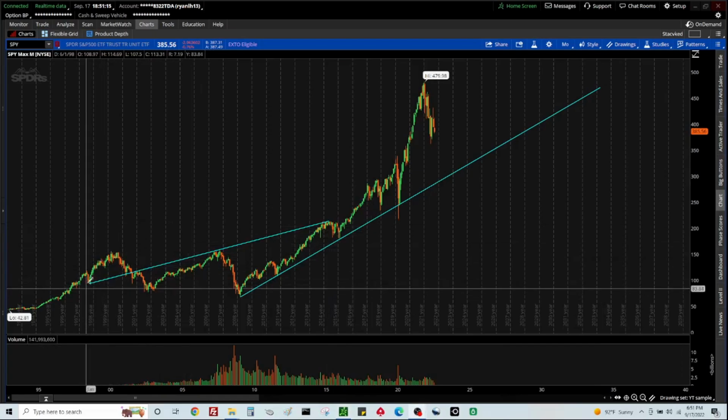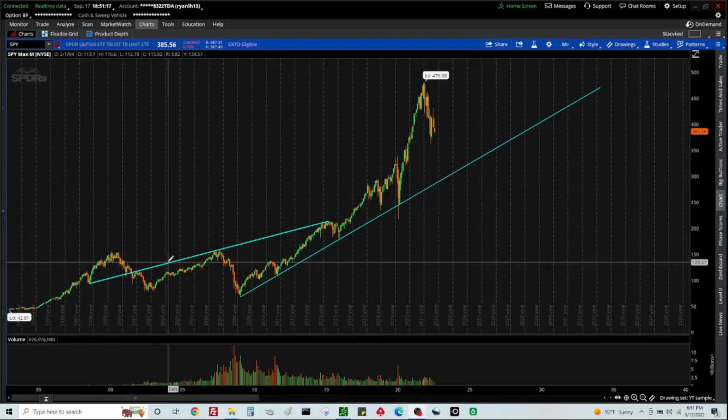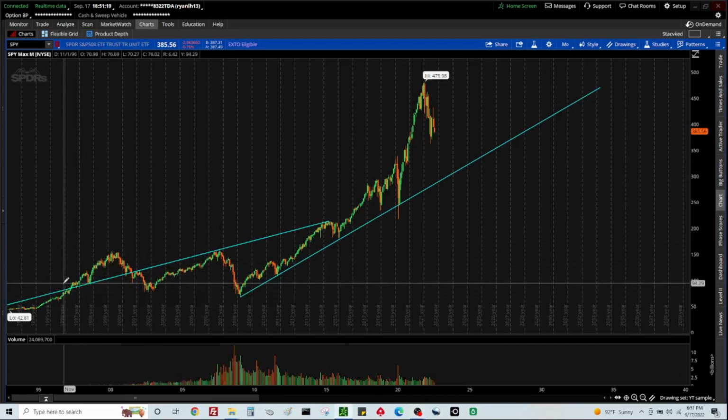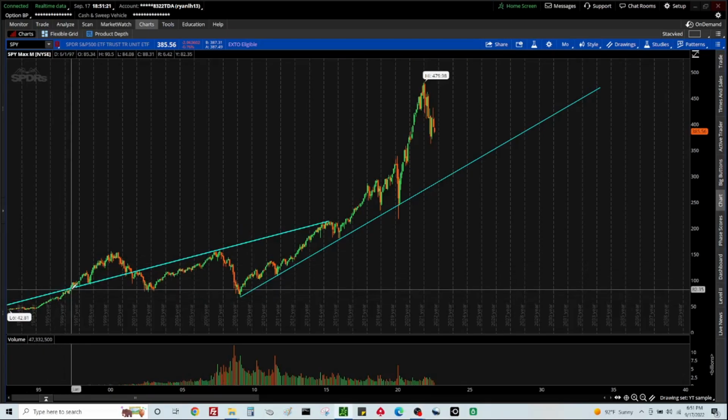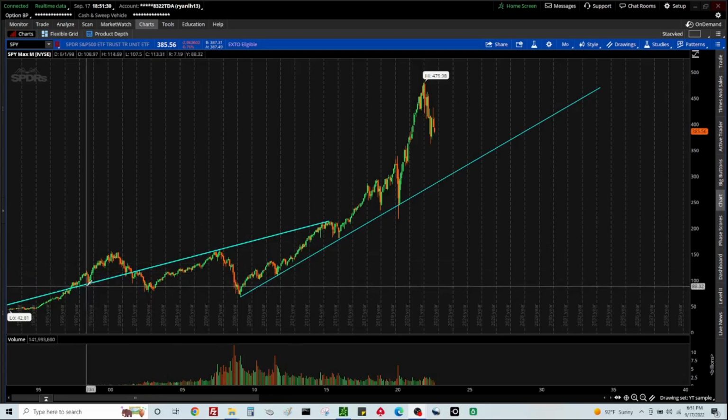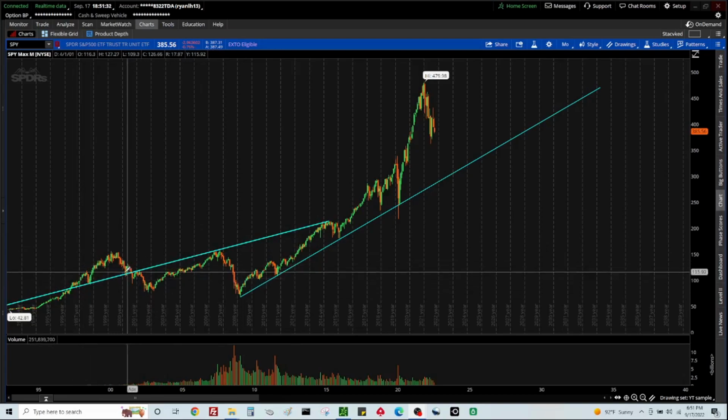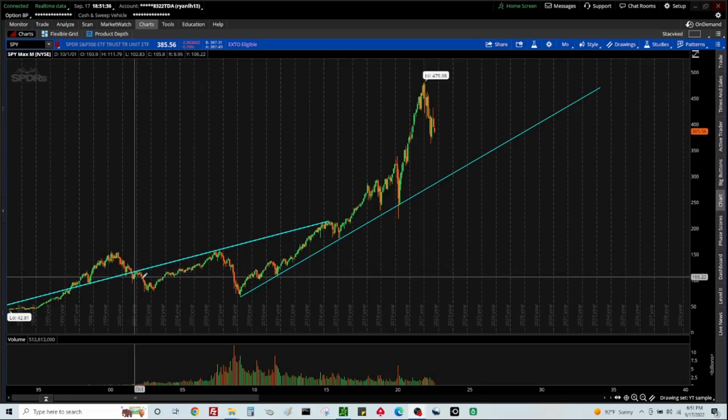So what I've done here is I've added this as a line of, this acted as resistance down here. It tried to pop through, and then it acted as support right here. Apologies. Support right here, support right here, support right here, and then it fell through. And this became resistance right here.